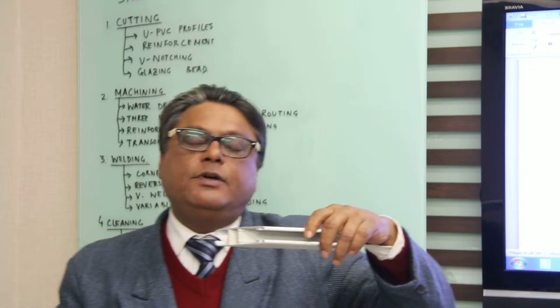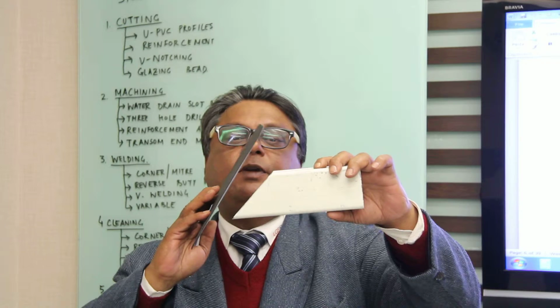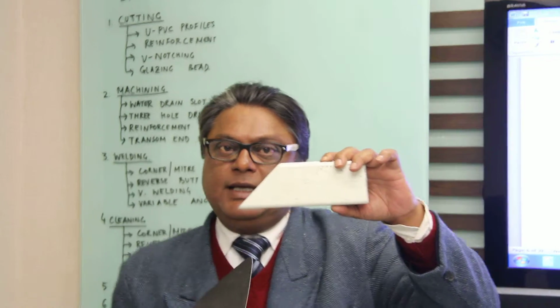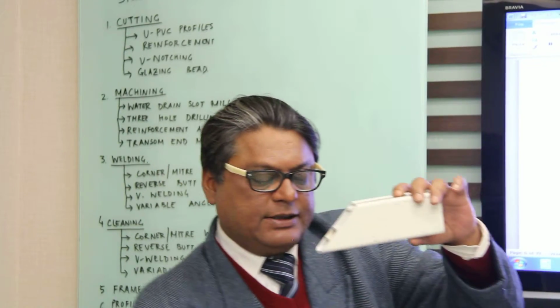However, if I have a rear to front cutting machine, in that case the saw blade would be coming out like that at 90 degrees, at 45 degrees, and in that case I have to keep the profile in this way and then take a 45 degree cut. So as you can see, the orientation of the profile has changed.